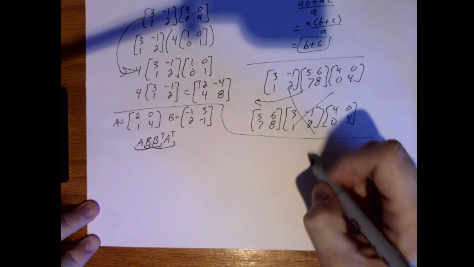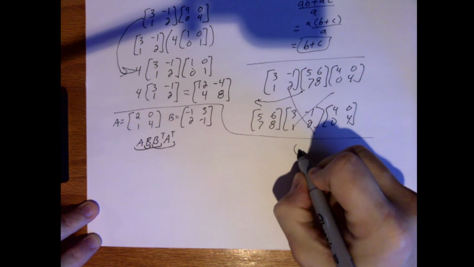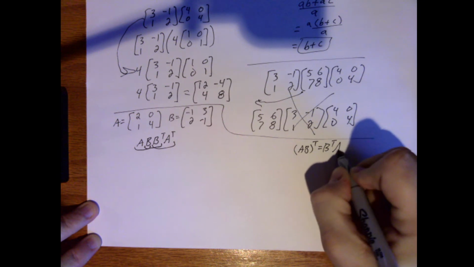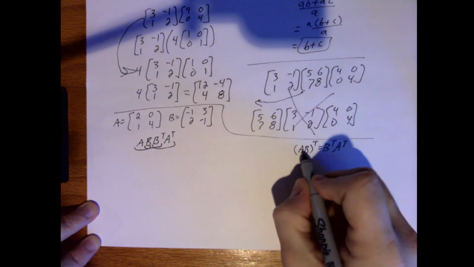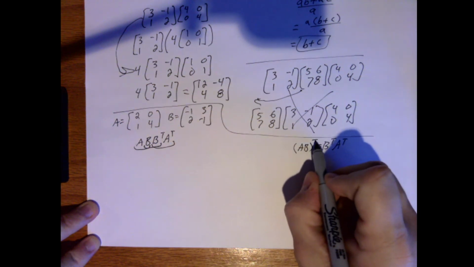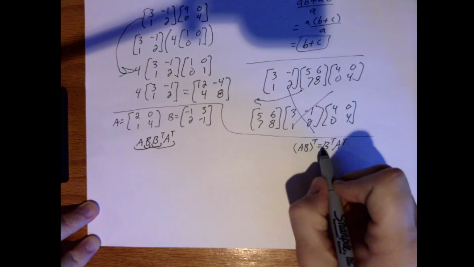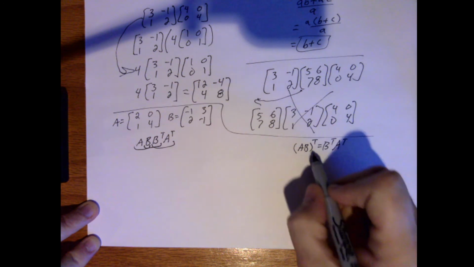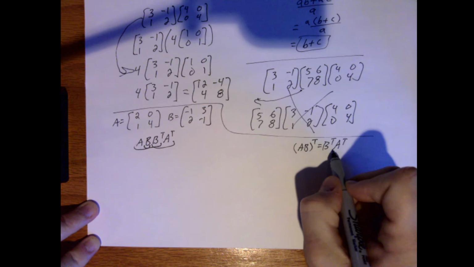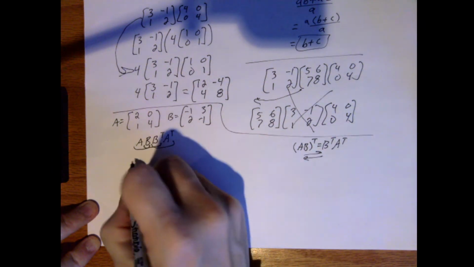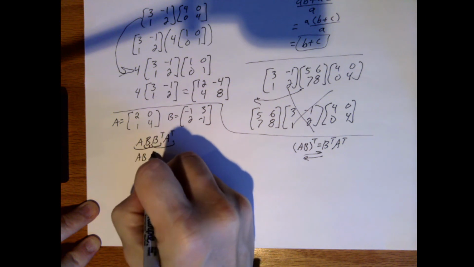And I remember this rule that says that, assuming we can even perform this product, which we could in this case, the transpose of A times B is equal to the transpose of B times the transpose of A. Well, nothing says I have to start with this and go this way. I can always go this way, which is what I have here. So this right here is really this.